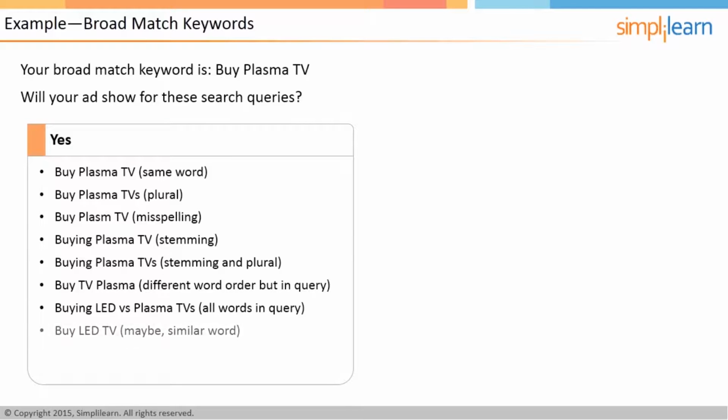Now something like buy LED television. You might show for broad match because LED and plasma are related types of products. So that's a tough one to say because sometimes you may show for a word like that, sometimes not. But you can show for completely different types of words on some occasions with broad match as long as they're related to each other.